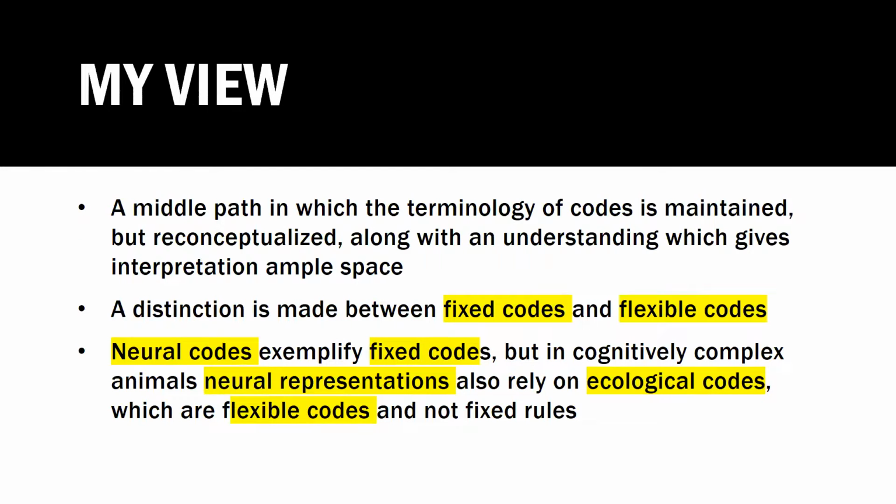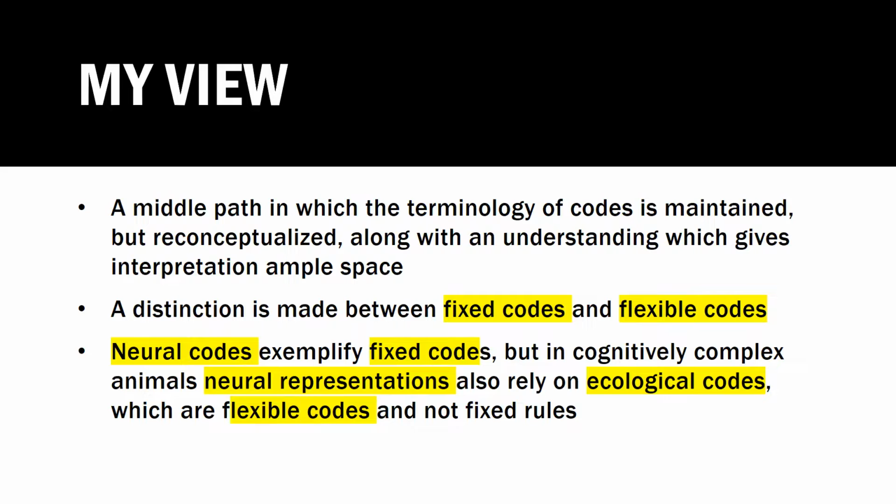My own view is, in a way, a middle path between these two that I've presented now, the Peirceans and the code biologists. I think that it could make sense to maintain a terminology of codes in this context, but it would need to be reconceptualized.